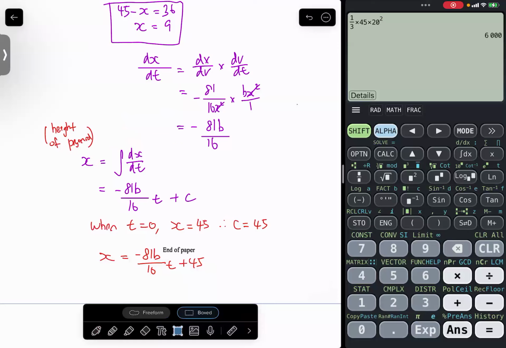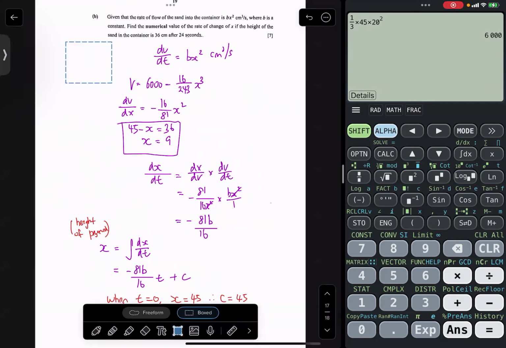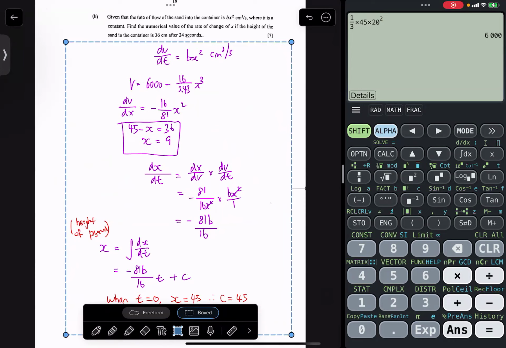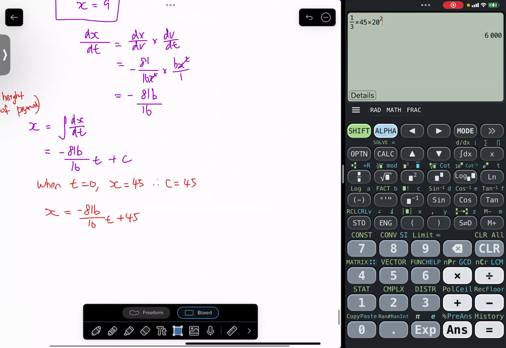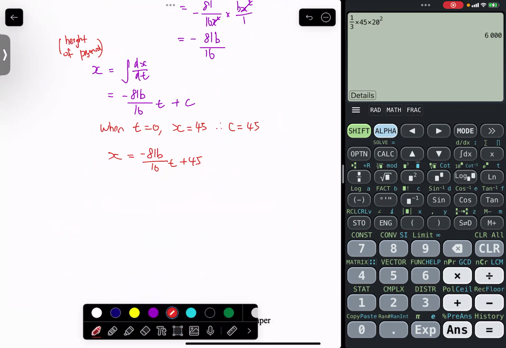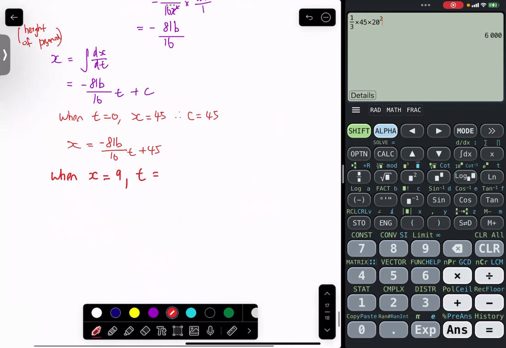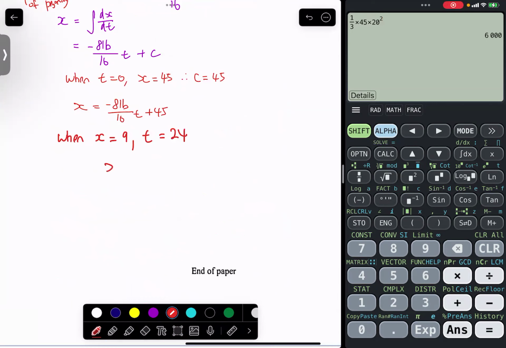Then from here on, when x equals 9, t equals 24. So 9 equals negative 81b over 16 times 24 plus 45.